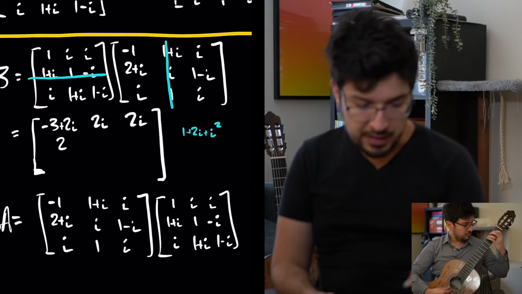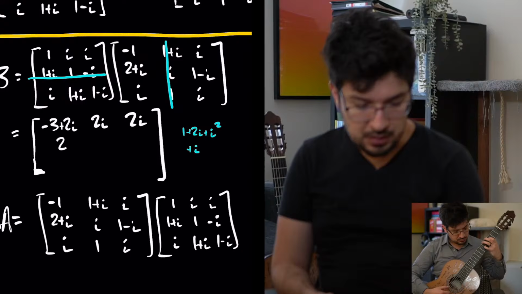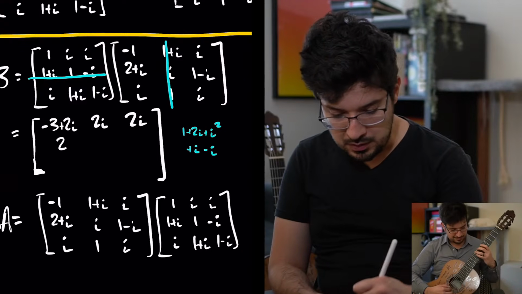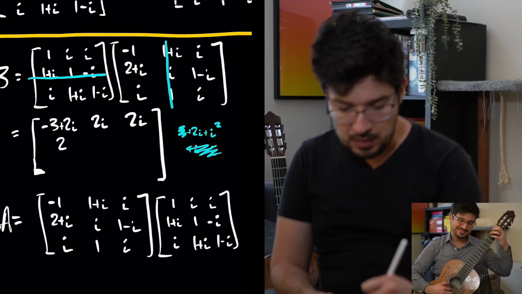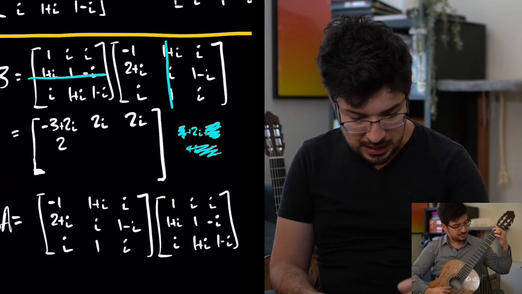Right? And then we have plus i minus i. So those two terms cancel. 1 and i squared cancel, so this is 2i.